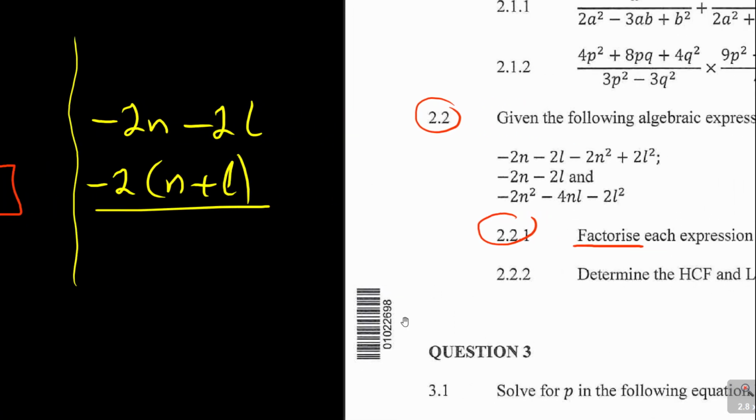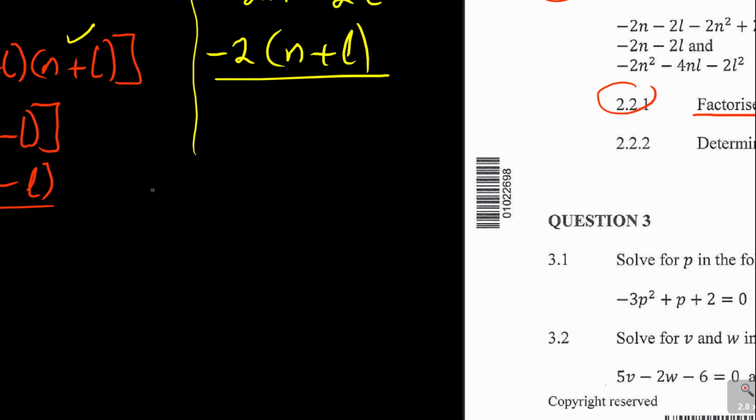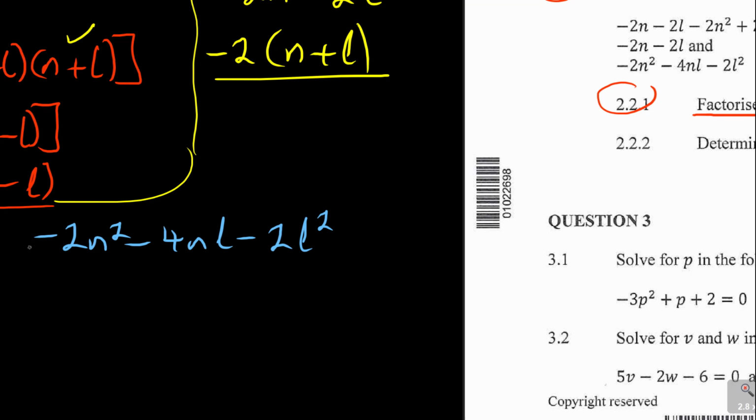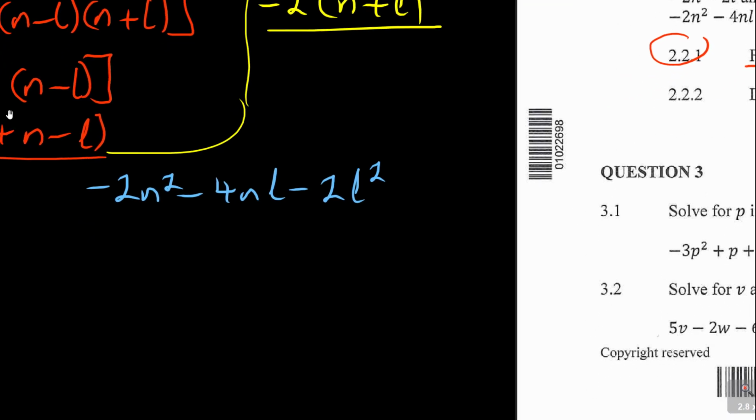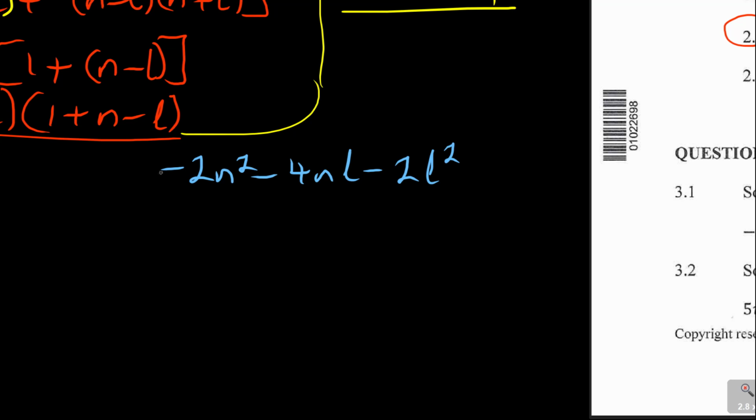Then the next one is this one. Let me use a different one. If you say negative 2n squared minus 4nl minus 2l squared. Again, product sum, but I'm just going to do it quicker. Take out minus 2 again, so it is positive n squared plus 2 into 4, it's 2nl plus 2 into minus 2 there, which is l squared.